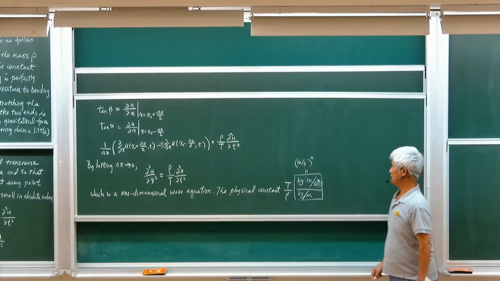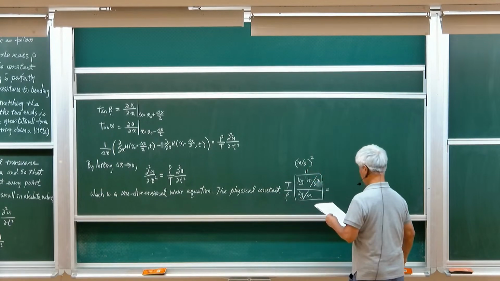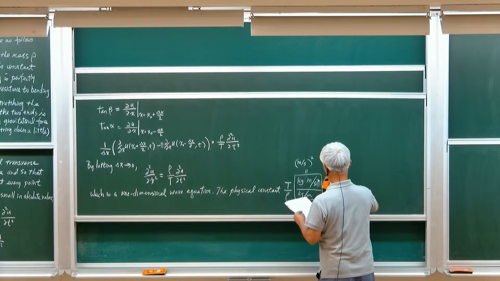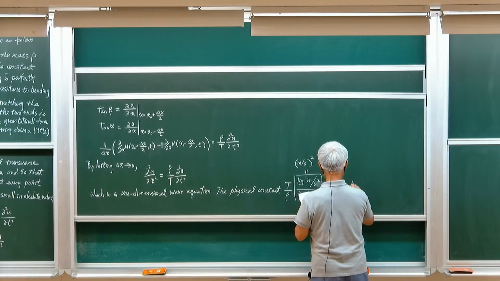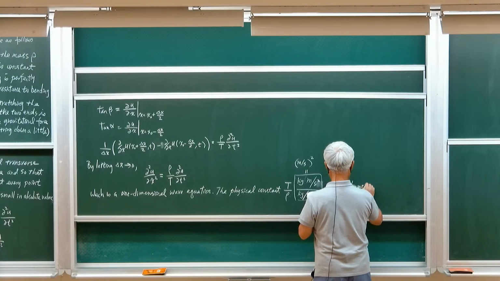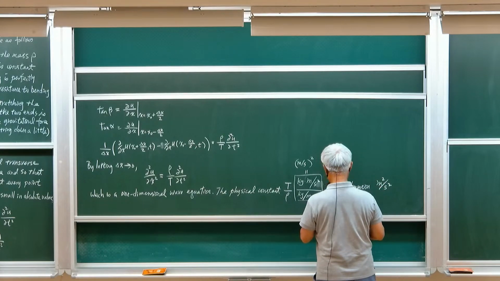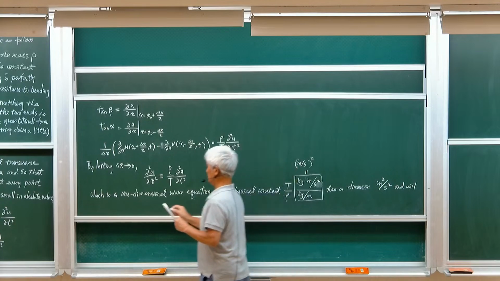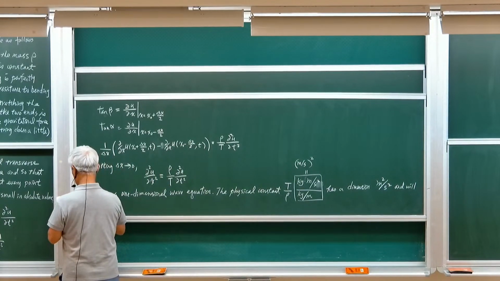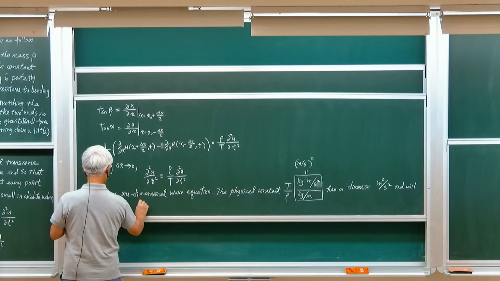Okay. So we let this constant, which has dimension m square over second square, be denoted as c square.